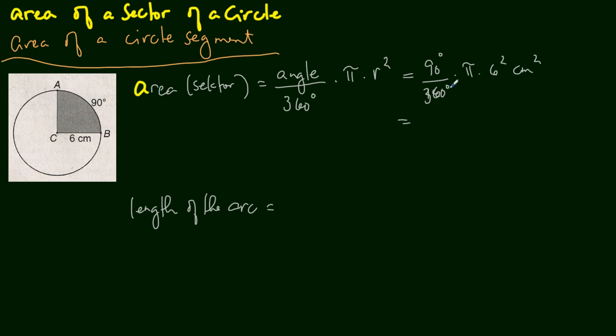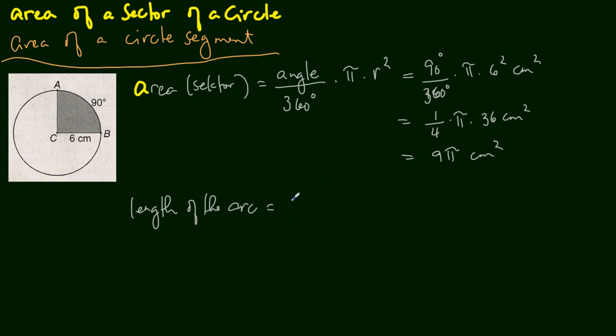Then we have 1/4 multiplied by pi multiplied by 36 square centimeters. 36 divided by 4 is 9. So 9 pi square centimeters to answer exactly.